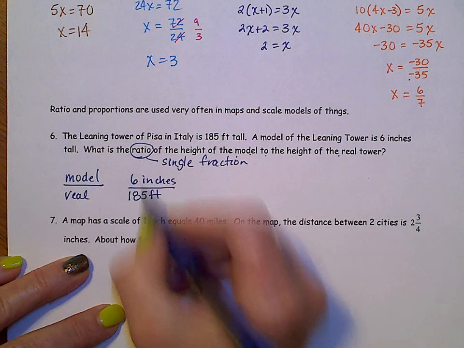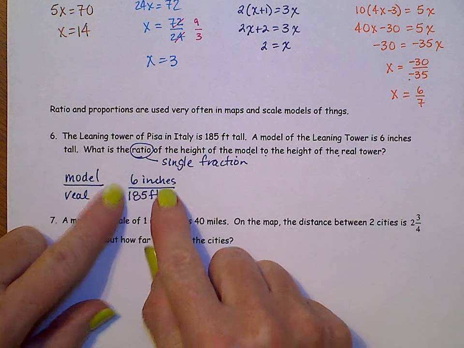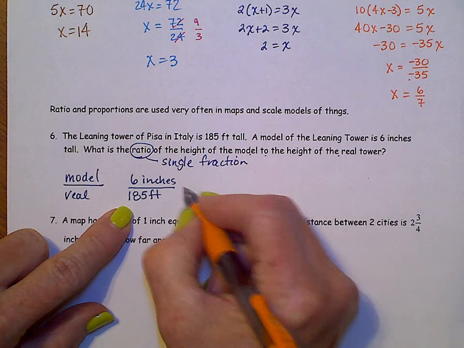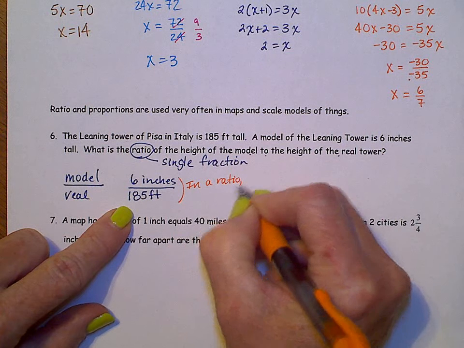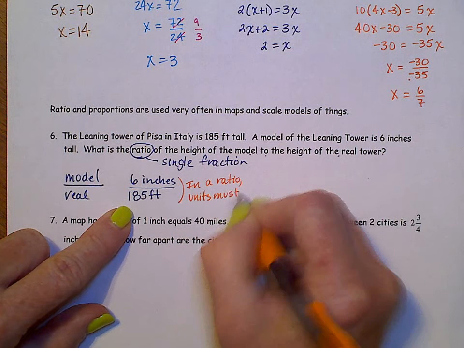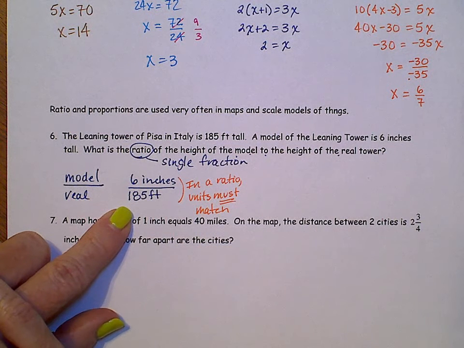All right, now we have a problem, because in a ratio, the units must be the same. In a ratio, the units must match.